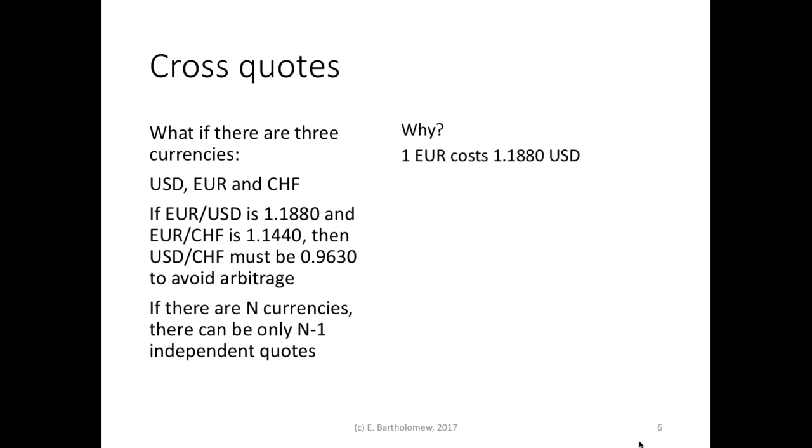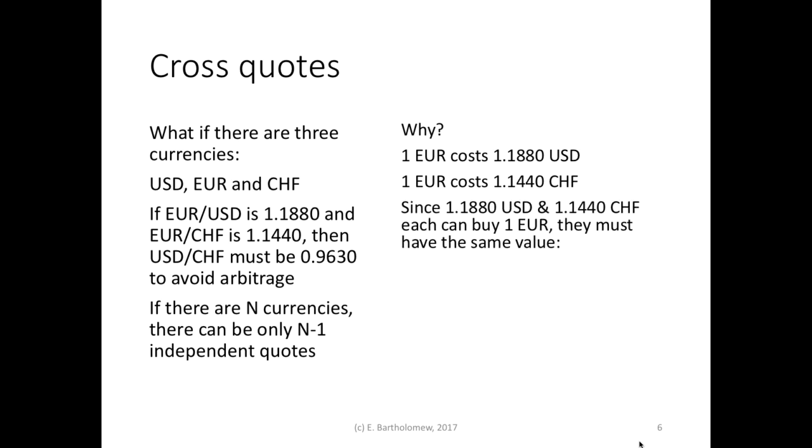Why is this? Well, consider this example. If a euro costs 1.1880 US dollars and a euro also costs 1.1440 Swiss franc, 1 euro in dollars and 1 euro in Swiss francs costs the same amount. In other words, that amount of dollars and that amount of Swiss francs must have the same value.